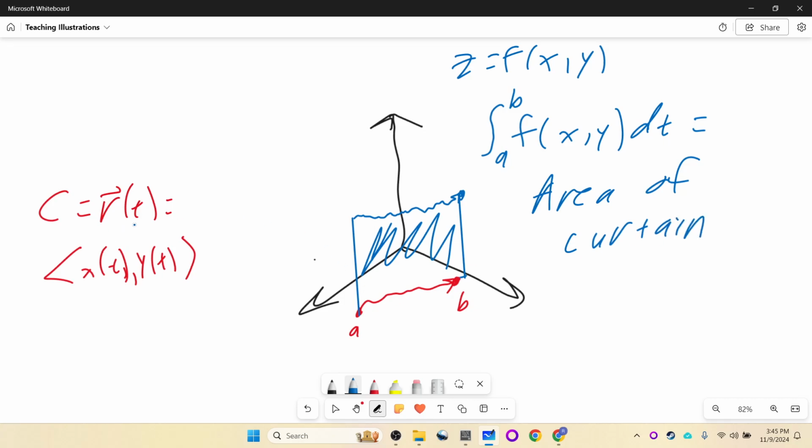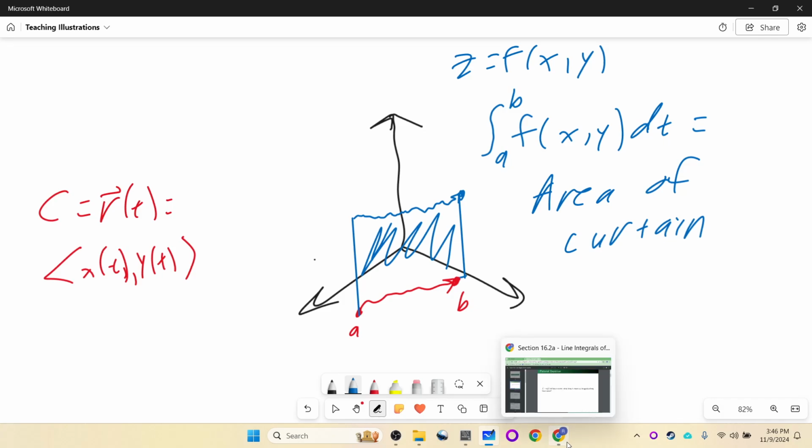So we define a path based on a single parameter t, we draw that path, and then at every point we use the f function to get the height. This gives us a two-dimensional object in space which we can find the area of. So since we are integrating just one variable, this is a single integral, we get area, not volume.